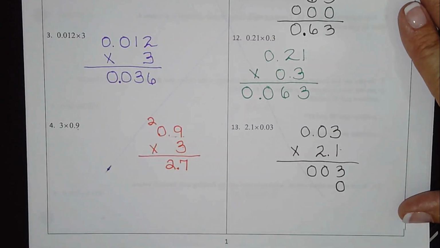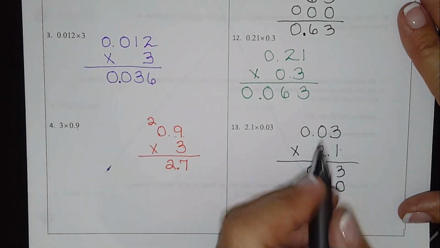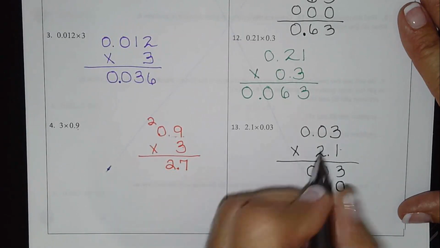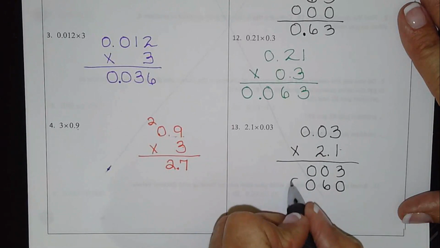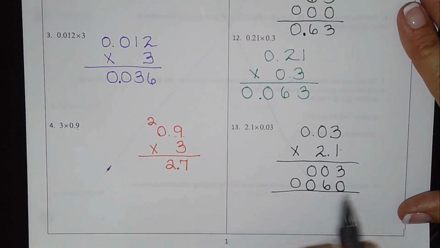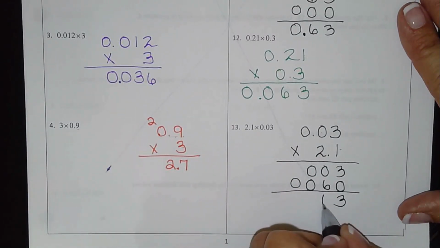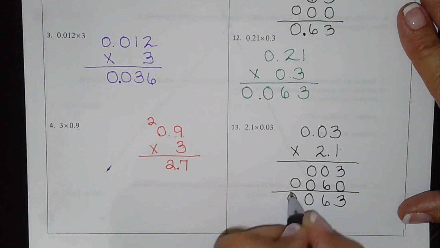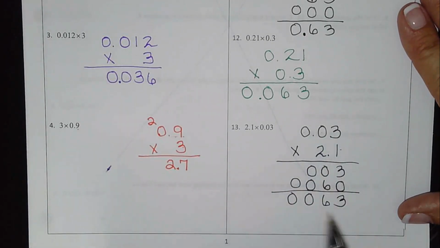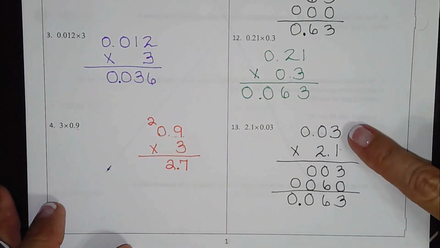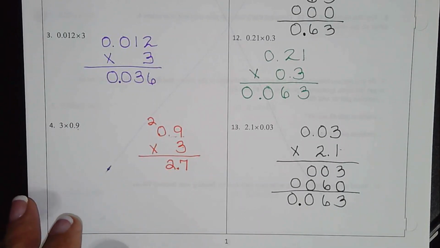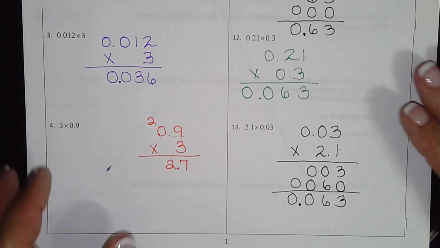Then I start multiplying. 3 times 2 is 6. 2 times 0 is 0. 2 times 0 is 0. Add 3, 6, 0, 0, and 1, 2, 3 decimal places. So count from the back. Make sure your answer has 3 decimal places. These added up. And there we have it. Not bad, right?